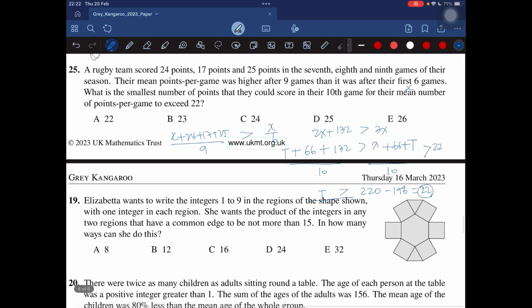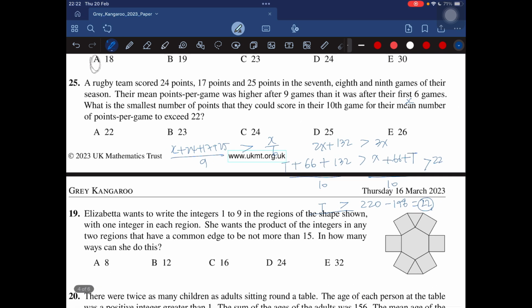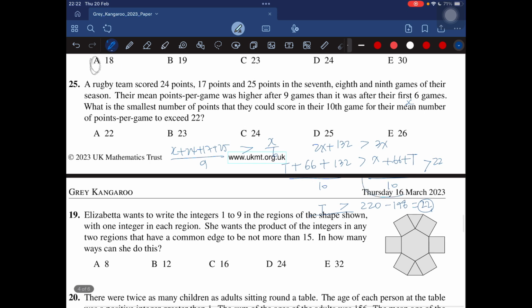But we want to check once more just to make sure, because we have the inequality here to make the next one. So let's say if t is 22, 88, so x is 220, so x is larger than 132.